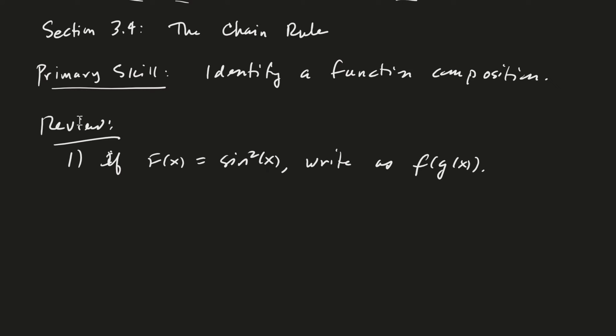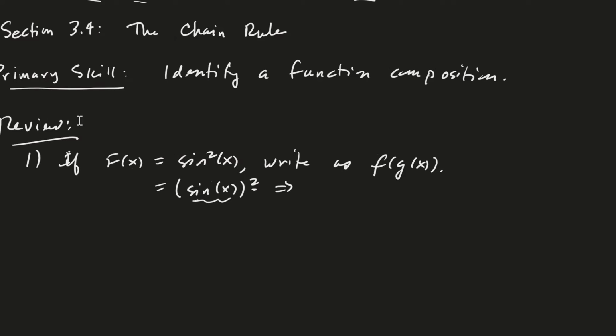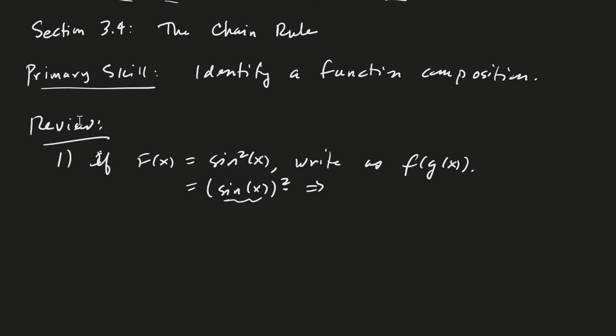I'll give you a hint. If you want to rewrite the way this is actually computed, I think there you can see it. So therefore, the inside function would be the sine function, and the outside function would be a square function. So therefore, we would write f of x equals x squared, and g of x equals the sine of x.